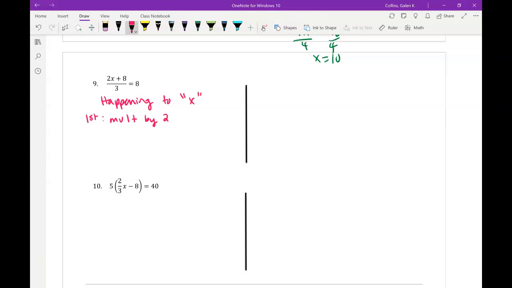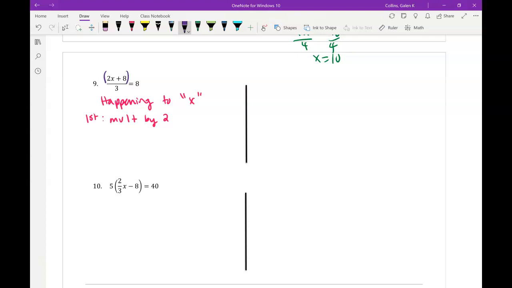So again, in that order of operations, when we say GERMDAS, the reason I use a G is there are parentheses here that we can't see. Within the parentheses, I see that x is being multiplied by 2, and then we're adding 8, so we're following the order of operations.